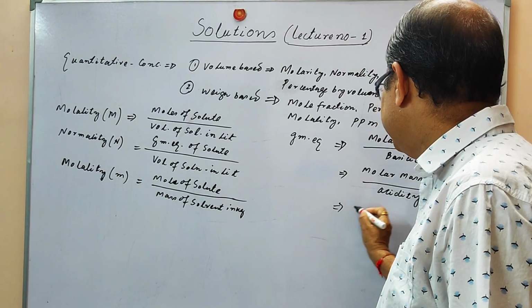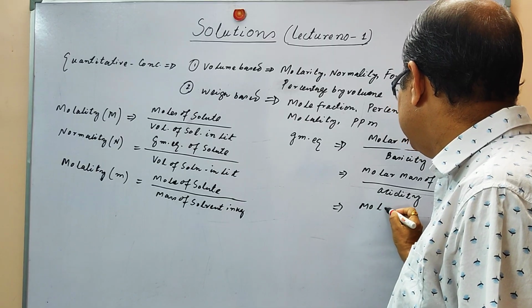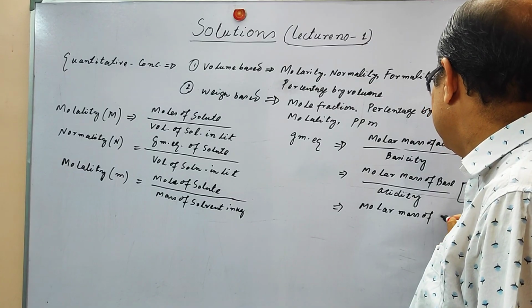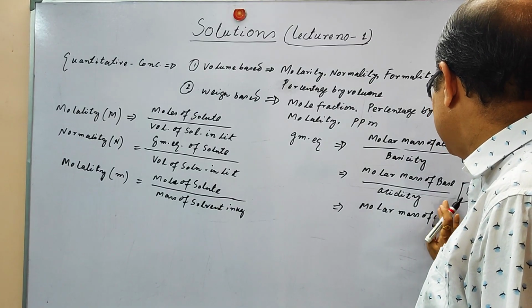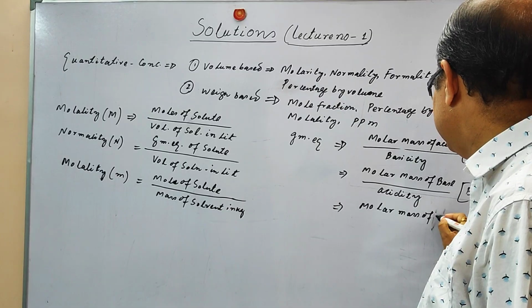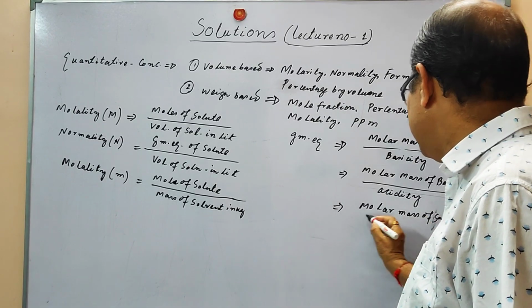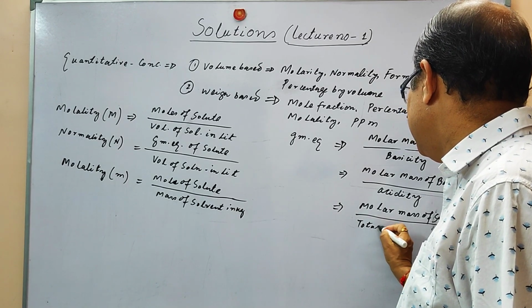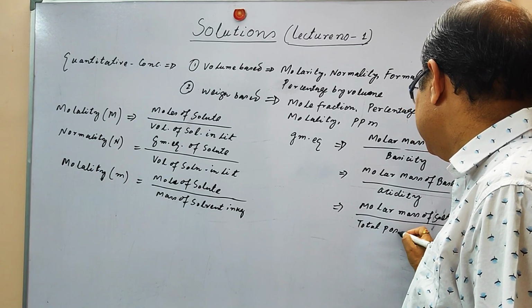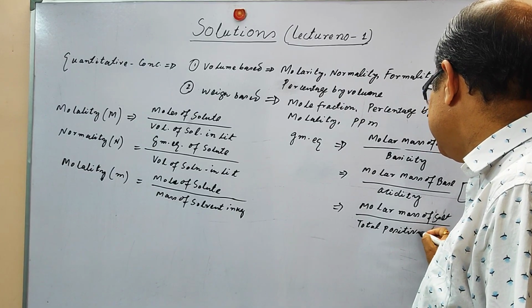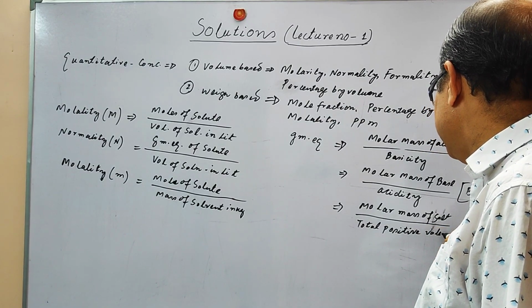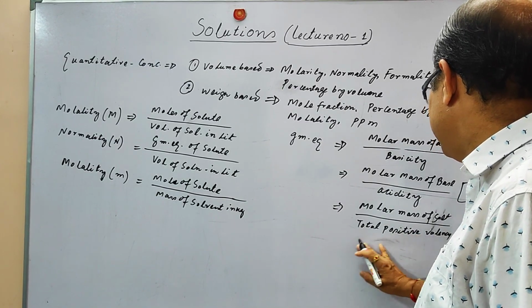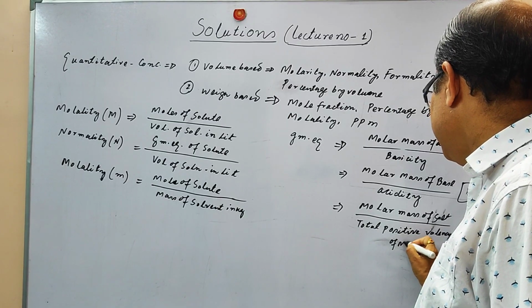And gram equivalent for salt: when talking about the salt, it is the molar mass of salt divided by the total positive valency of the metal atom.